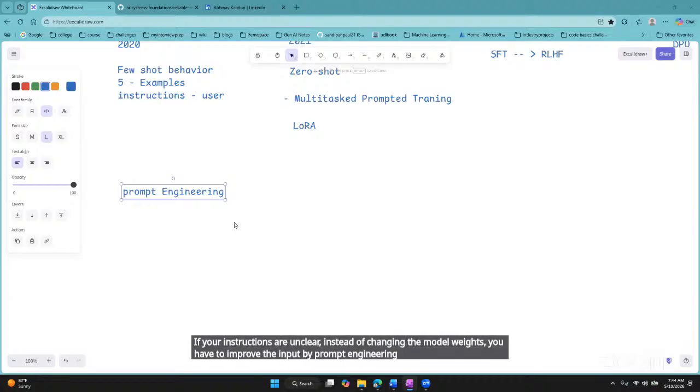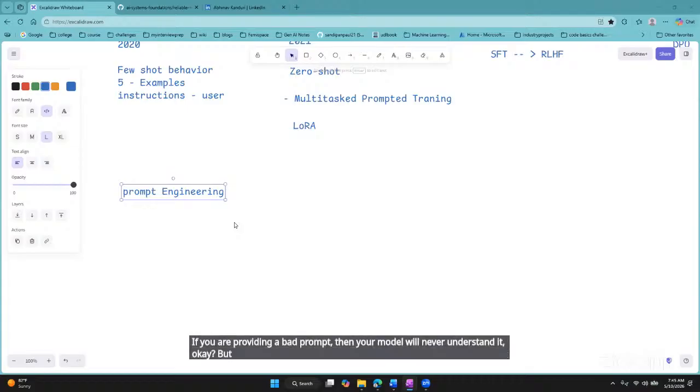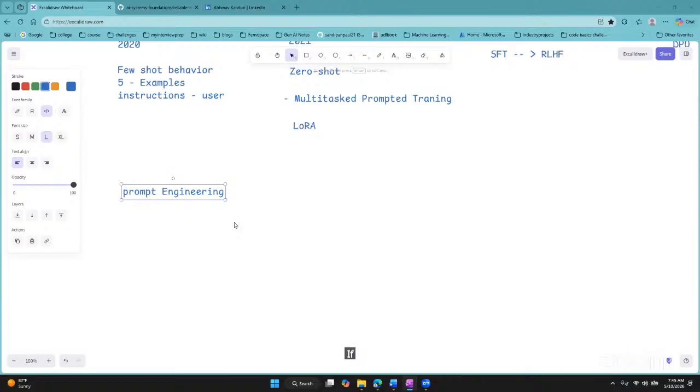For example, if you provide a bad prompt, your model will never understand it. But with supervised fine tuning, a better instructed model can follow your prompt and give a better output response.